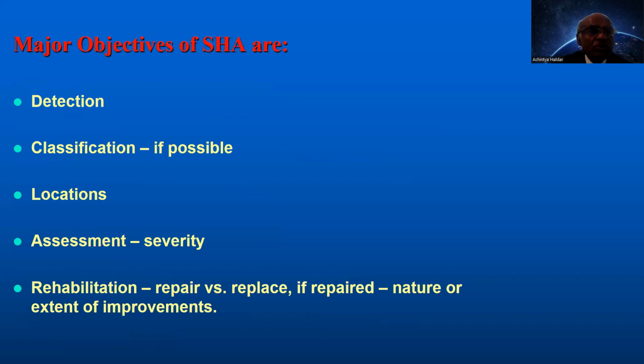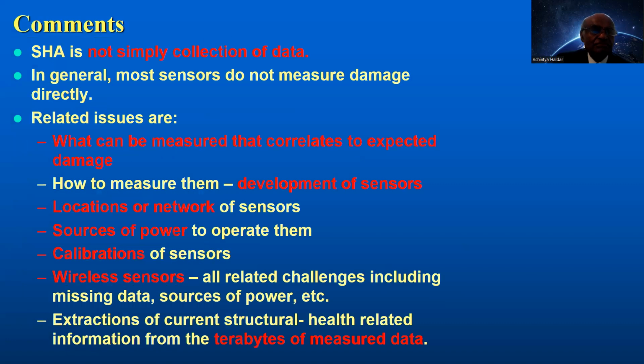The major objectives of structural health assessment are detection of defects if they are there, then classification, location, assessment of severity, and if we decide to repair or replace, then we have to figure out whether our repair was done correctly and whether we detected all defects in the structure.